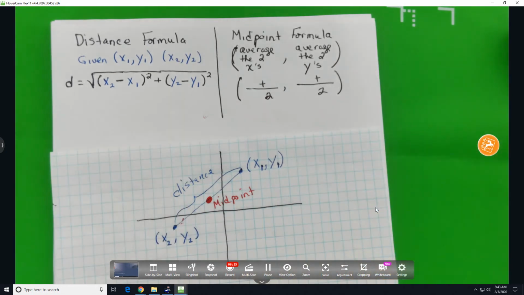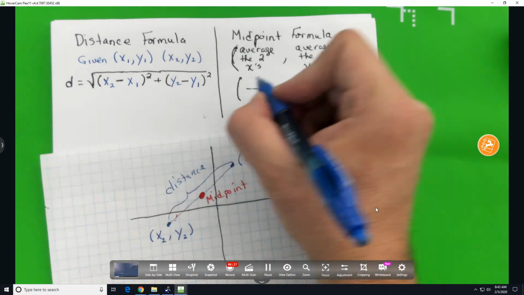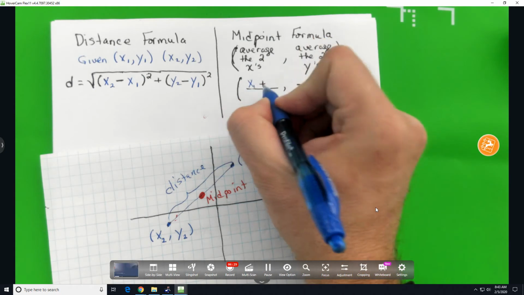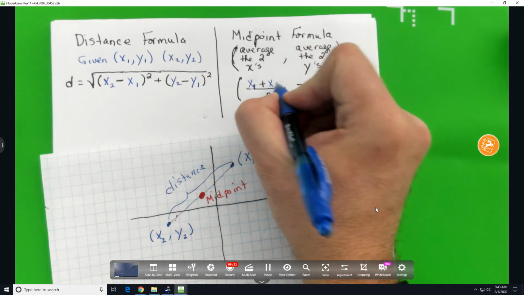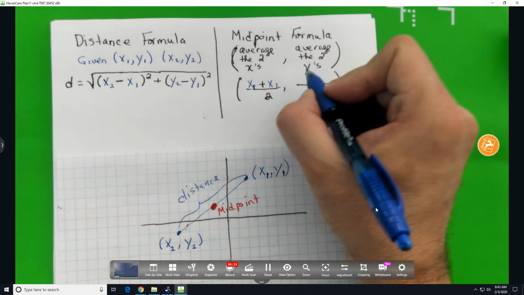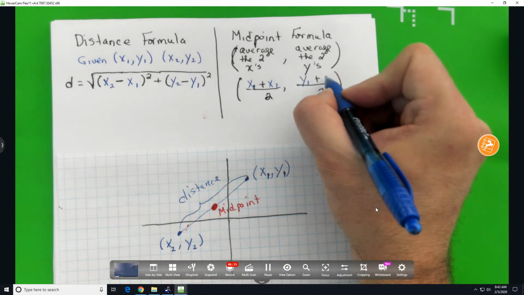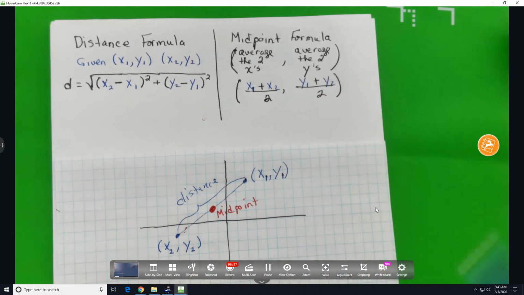You're averaging the two x's, so that would be x1 plus x2 all over 2, and y1 plus y2 all over 2.